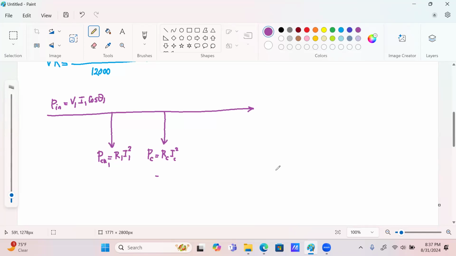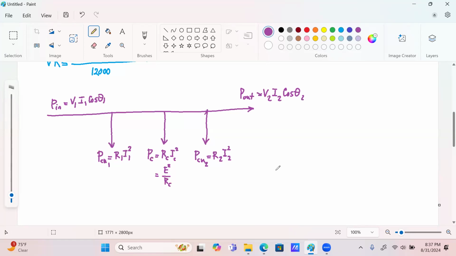An easier way would be for us to say E, again magnitude of E, not the phasor, E squared divided by R of C. And lastly, we have copper losses for the secondary side, which is going to be R2 I2 squared. And what we have is P out, which is V2 I2 cosine of theta 2.